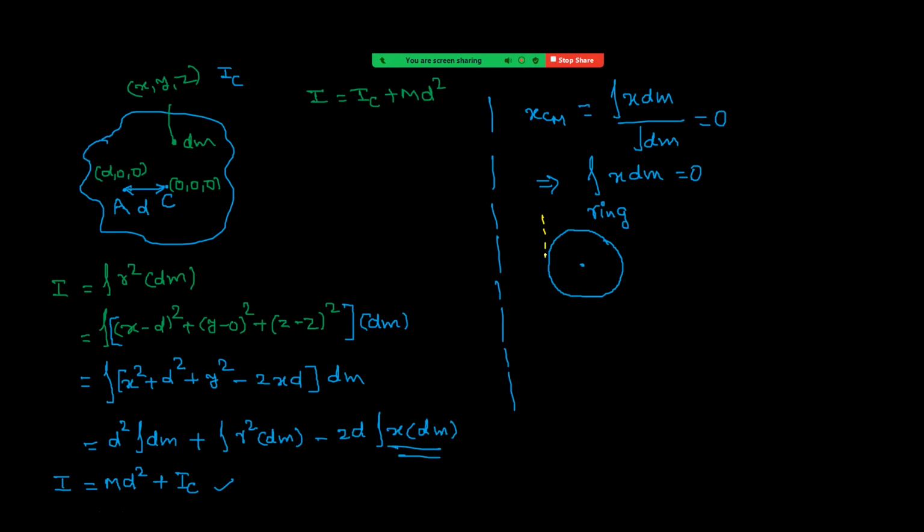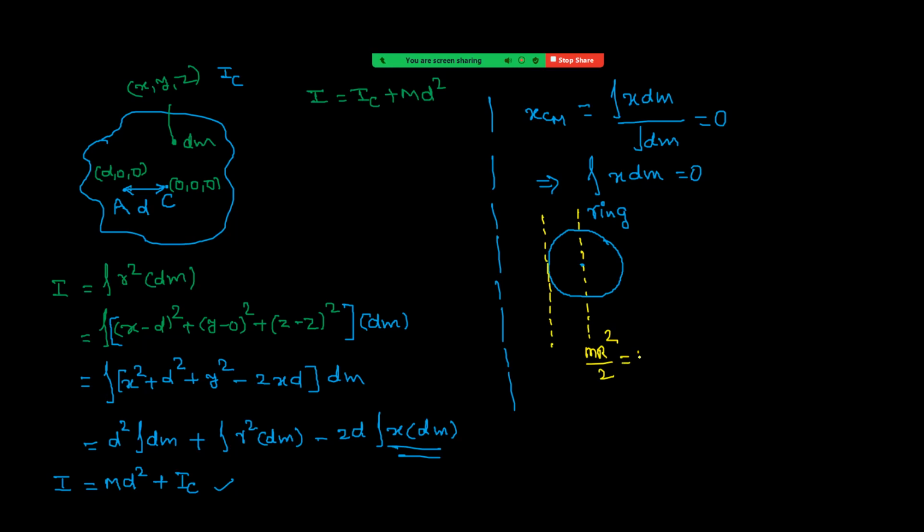We are taking one tangent to the ring and it is in the plane of the ring, right? So about this axis, what is the I value? Just now we have discussed that about any diameter for a ring, I value is mr square by 2. Now this axis is parallel to this axis.